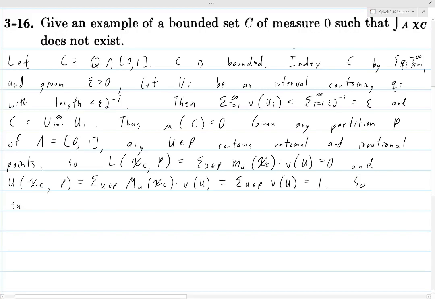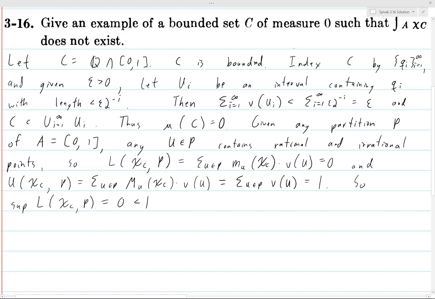So if we take the supremum of the lower sums, this is also going to be 0, because each lower sum is 0, and if you take the supremum of a bunch of zeros, you get 0.